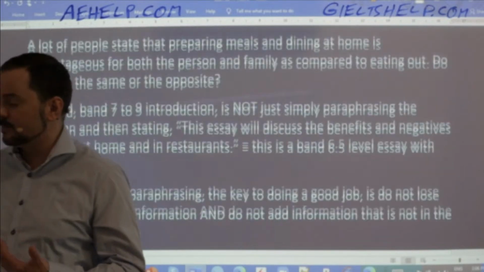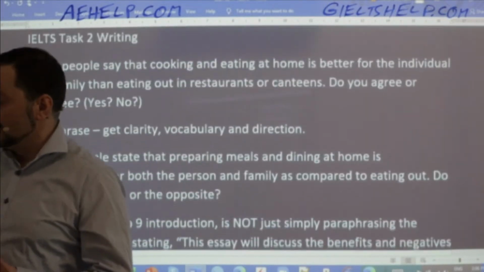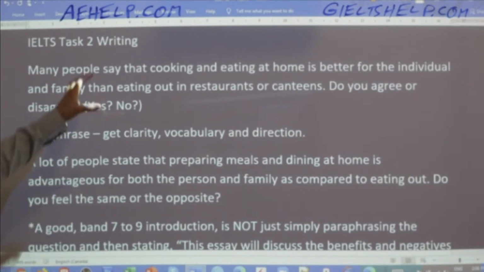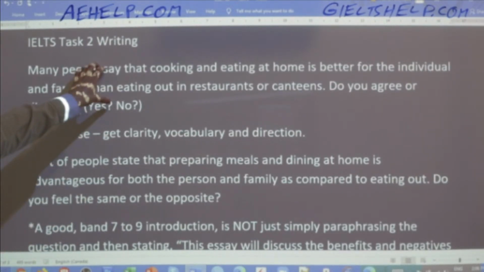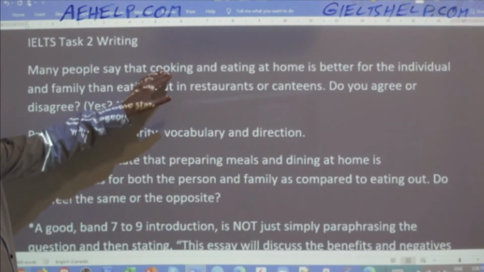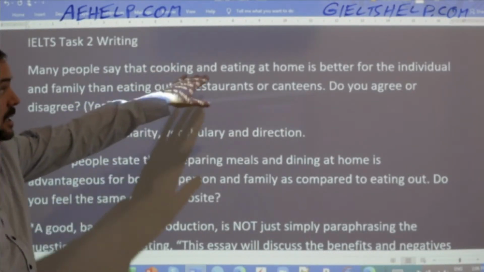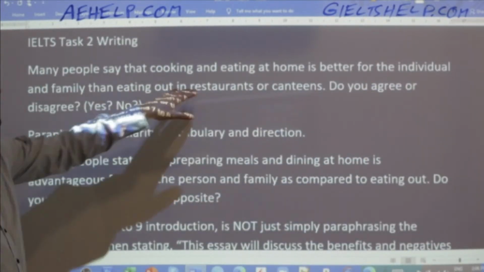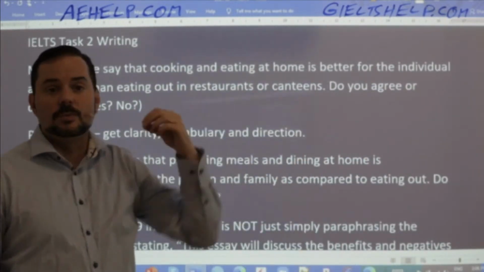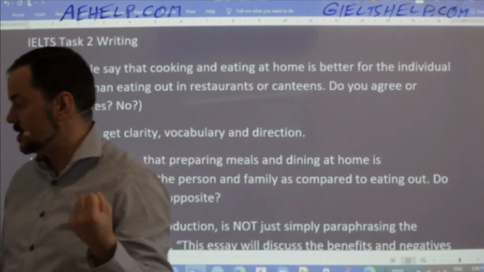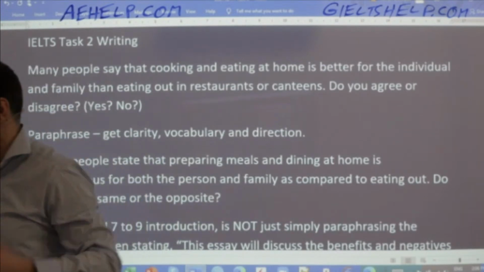It's basically this process that I'm showing you. So the very first step to asking the right questions is making sure that you have the exact understanding of the question you're being asked, so that you recognize that here it's about making, eating, individual, family, restaurant, canteen. So you recognize every element of the concept that you're exploring and explaining, okay?